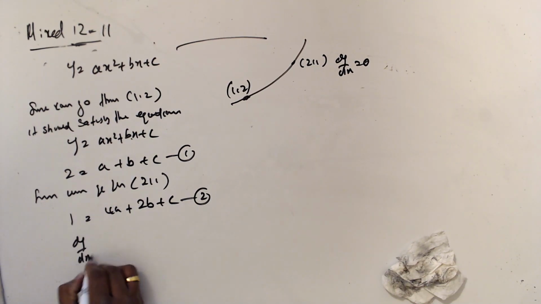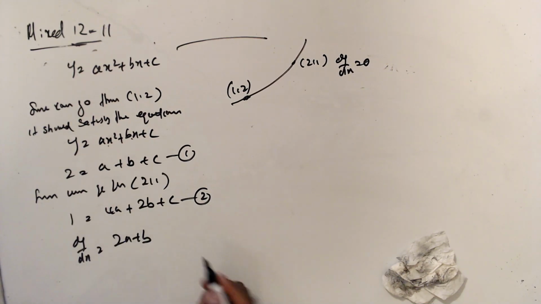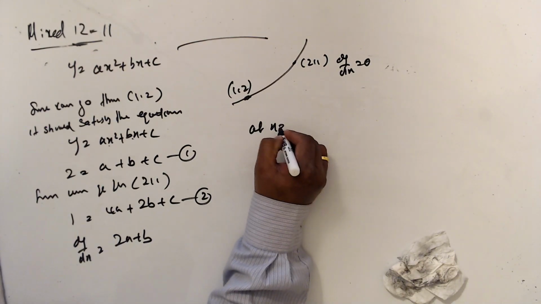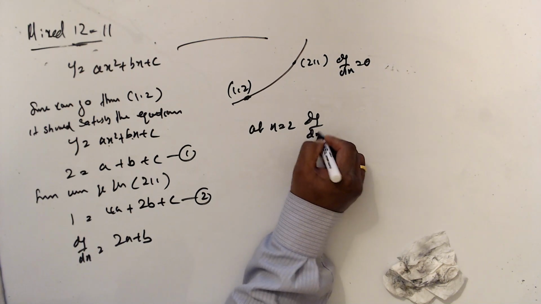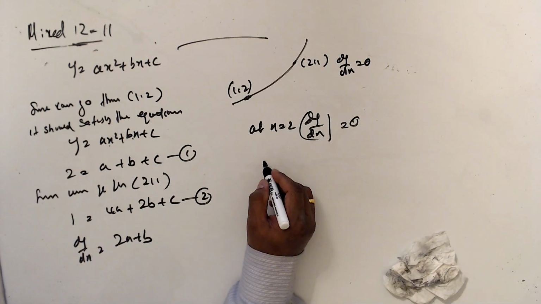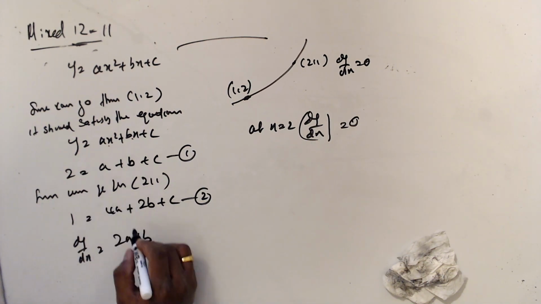dy/dx is 2ax plus b. So at x equals 2, dy/dx equals 0.